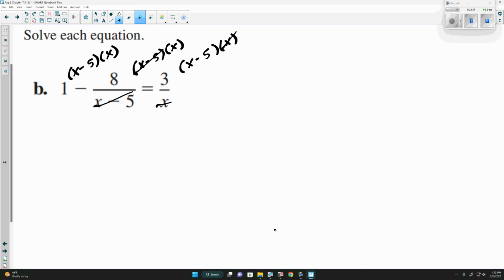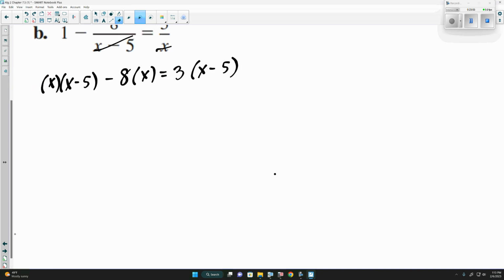So the first one's going to be 1 times x minus 5, which we can just leave as x times x minus 5, minus 8 times x is equal to 3 times x minus 5. Now the first one we can distribute. x times x is x squared. x times negative 5 is negative 5x.